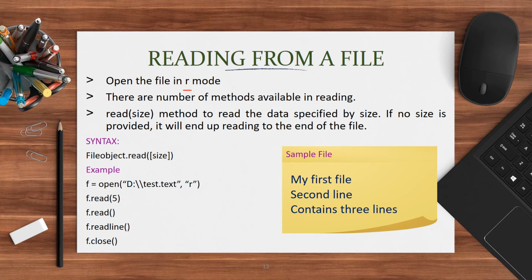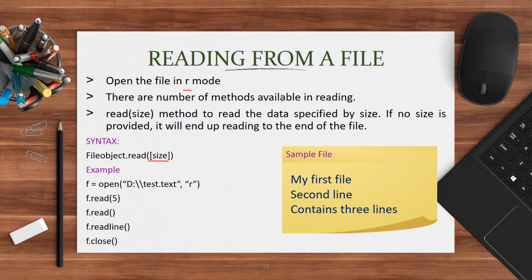So reading from any file can be done by using the read() method. The read() method enables us to read the string in an opened file. This is the syntax: the file object dot read, and the particular size.